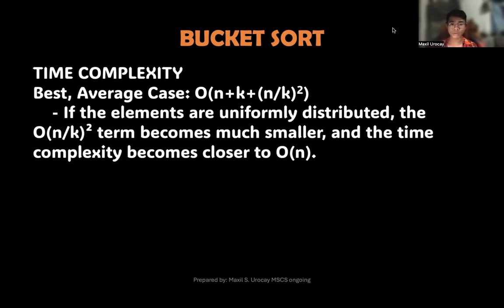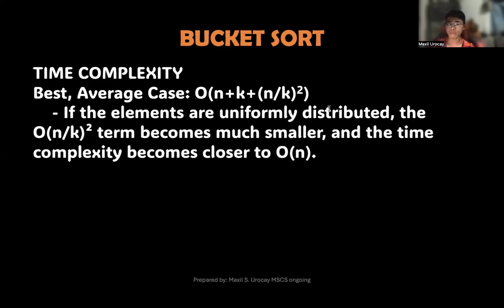In the steps of bucket sort, we have to distribute the elements into the buckets, which requires linear time complexity. Then for sorting each bucket, the time complexity depends on the sorting algorithm used. If you are using insertion sort or this kind of algorithm, it follows the specific time complexities for that algorithm.